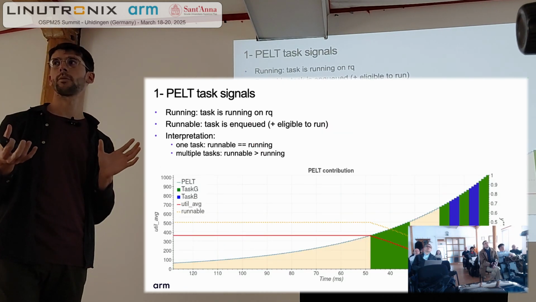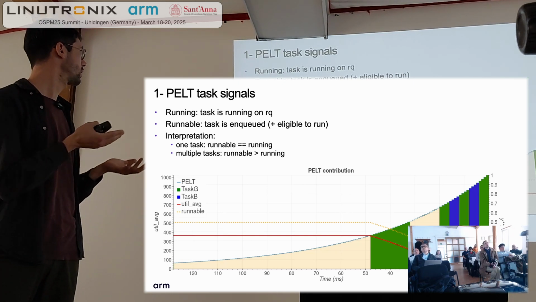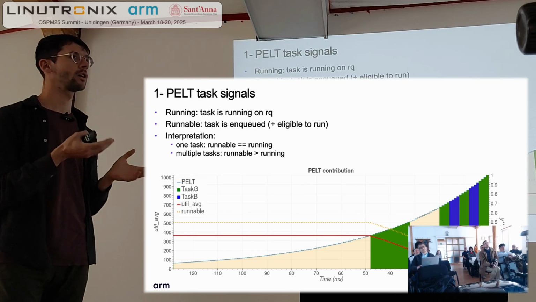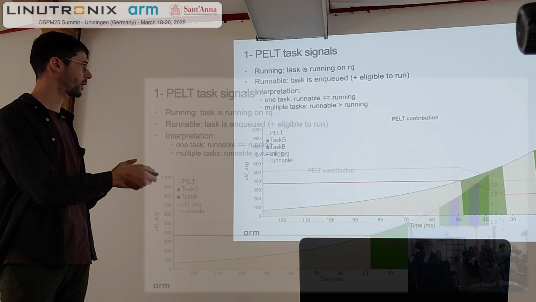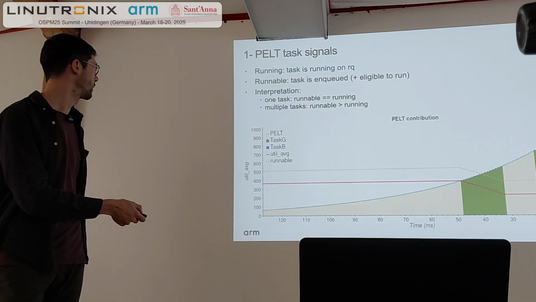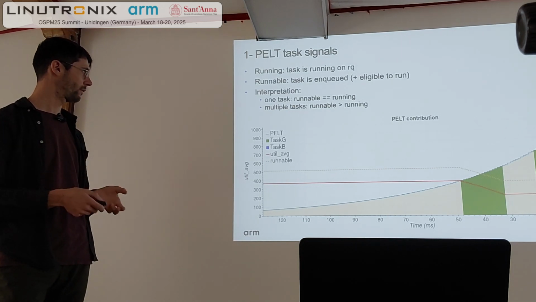I'm not going to talk about the load, but mainly about the running and the runnable values. We are accounting a running contribution when the task is actually running. Here we have a green task and a blue task. In red, it's the utilization average, so the running value.